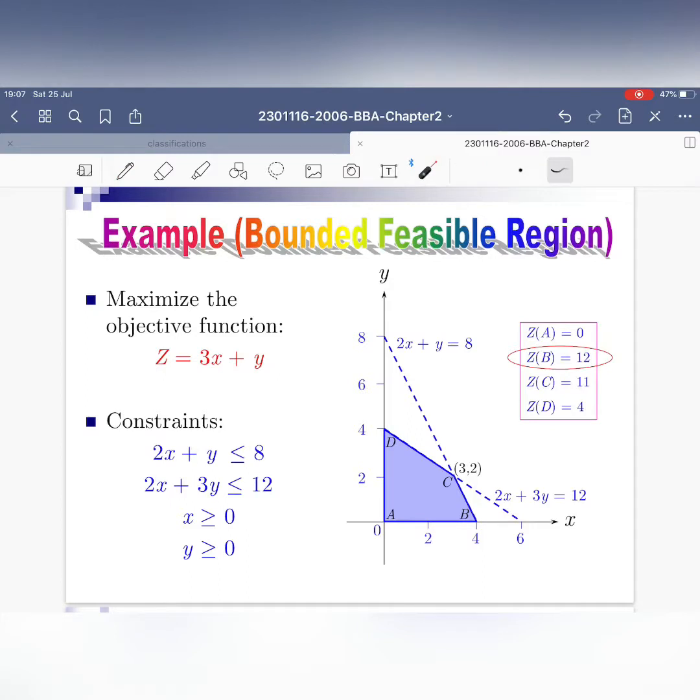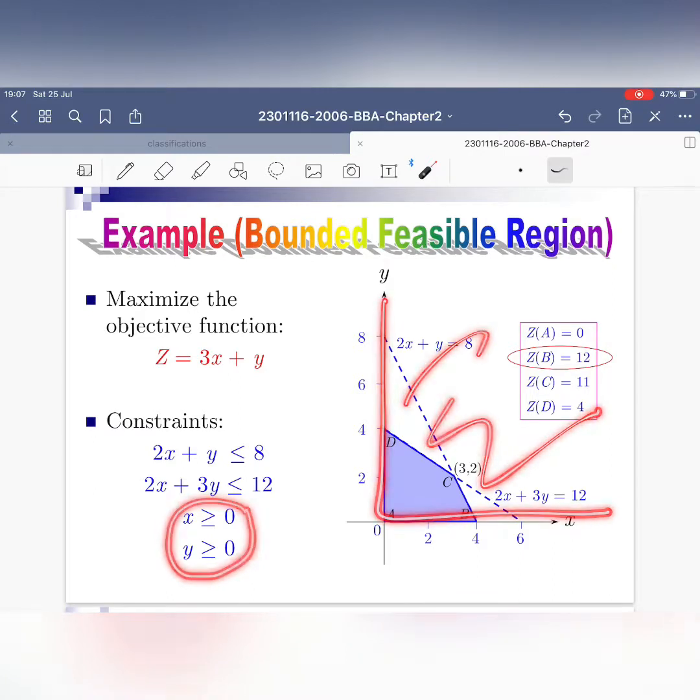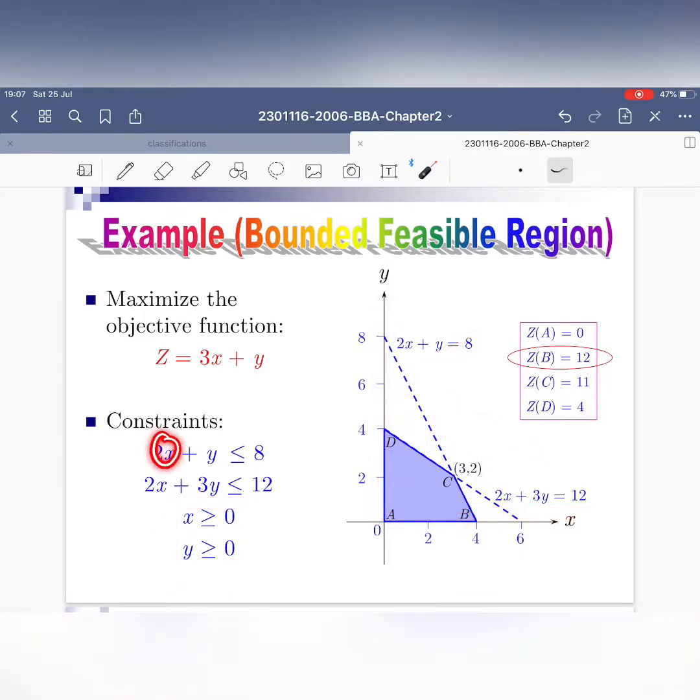For example, if you have this constraint, again your x and your y are non-negative, so you just consider the first quadrant. If your x is 0, your y is 8, so right here. If your y is 0, your x is 4, so it's right there.